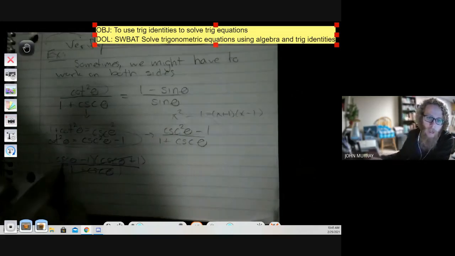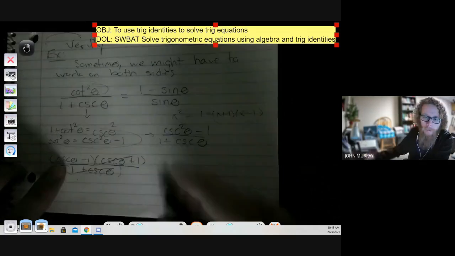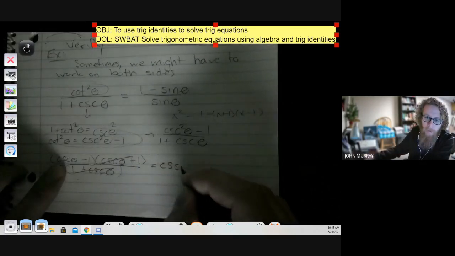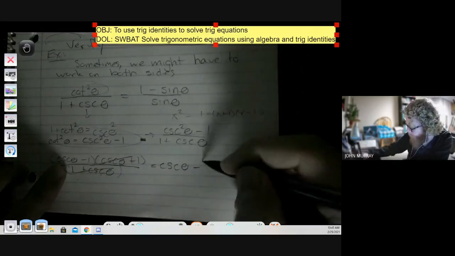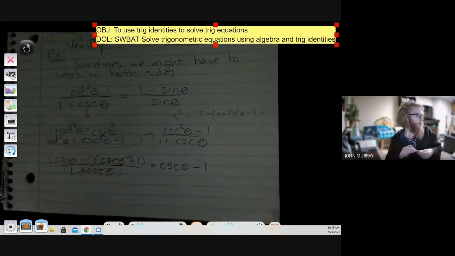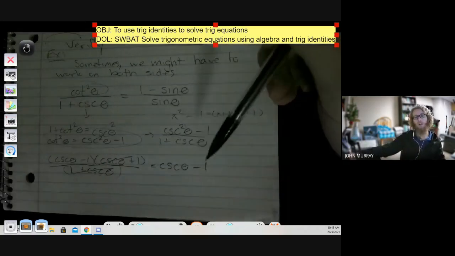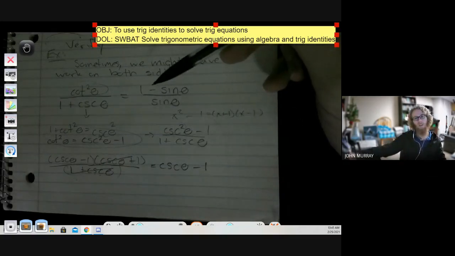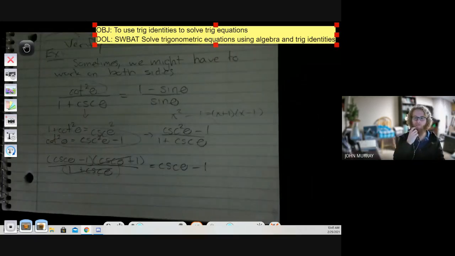But those eliminate each other, and right now I'm left with cosecant minus 1. If I kept going this way, my task would be to make cosecant minus 1 into 1 minus sine over sine. So that's a little tricky.